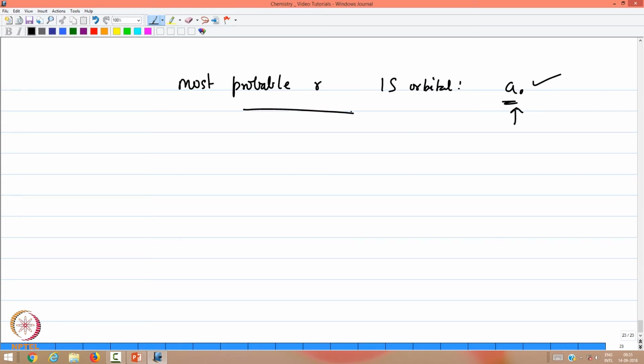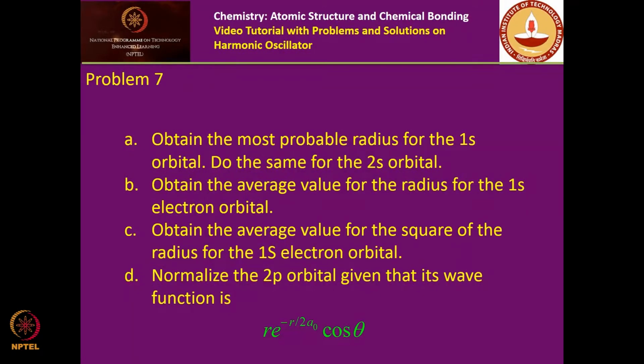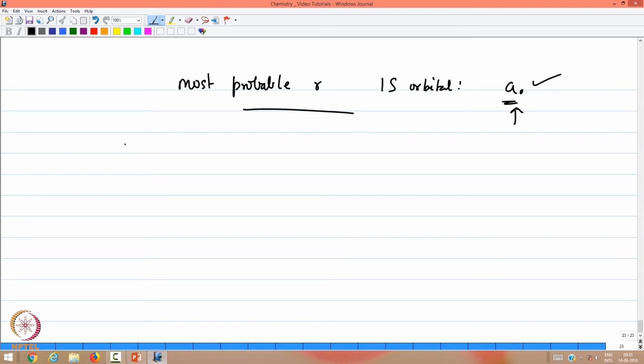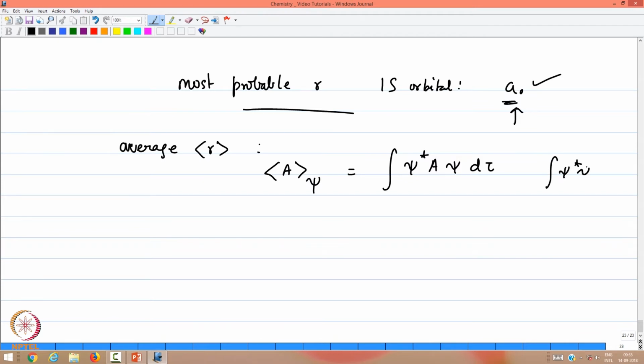The second problem, if I look at it, is the average value for the radius for the 1s electron orbital. So we need to calculate the average value, the expectation value of r. You recall the average value of A for any quantum system in the quantum state psi is given by the integral of psi star A psi d tau, provided psi is normalized.